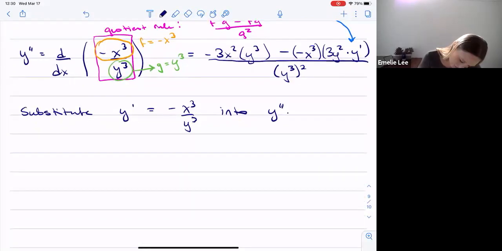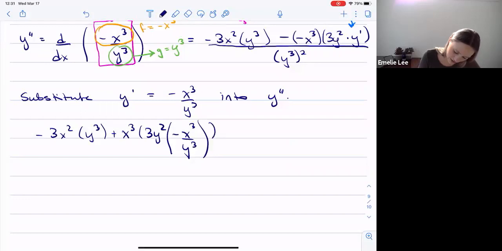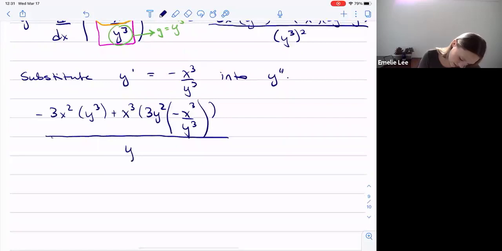So I have negative 3x squared times y to the 3, minus, maybe I'll just change it to plus, minus negative. So plus x to the 3 times 3y squared times negative x to the 3 over y to the 3, right? Substituting that in. And then it's over y to the 6.